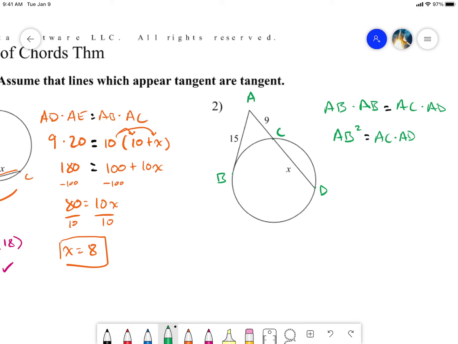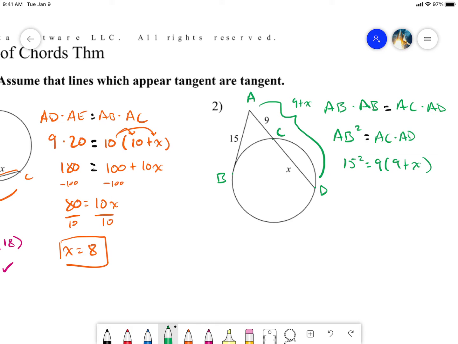And again, we want to look at AD, which is 9 plus x. So since I know AB is 15, this is 15 squared. Does it equal 9 times 9 plus x?